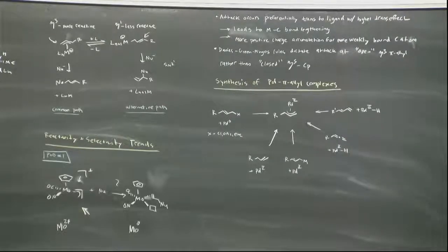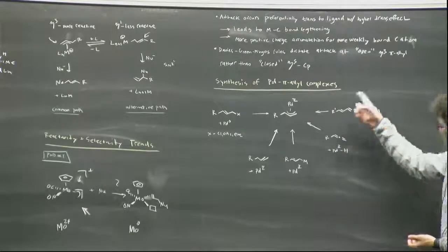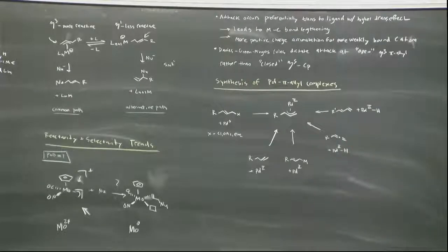For those of you who attended Steve Malcolmson's lecture the other week, this was a commonly invoked mode of reactivity in his chemistry. So the important thing is to know that there are different options and different entry points into this type of intermediate.